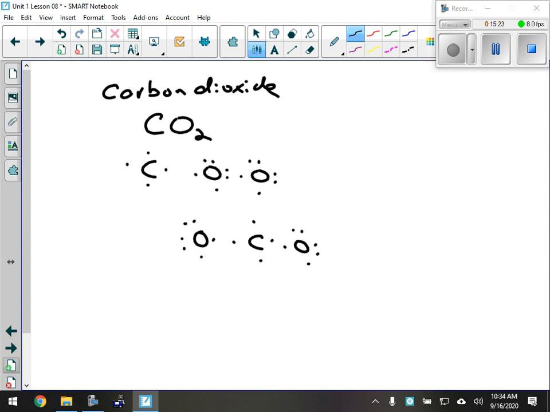In the big scheme of things, remember, we're drawing this, but this is not really what's happening because these electrons are moving, yes? All I did was the mirror image of it. I just flipped it over so that they match up a little bit better, that's all, okay?